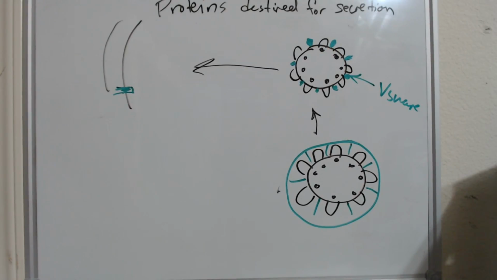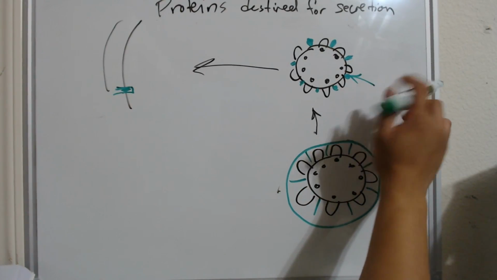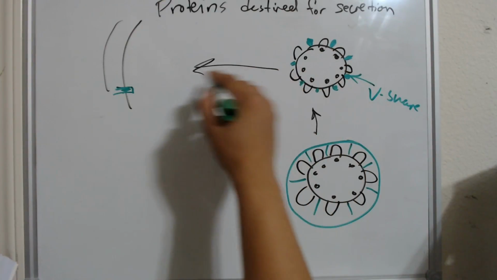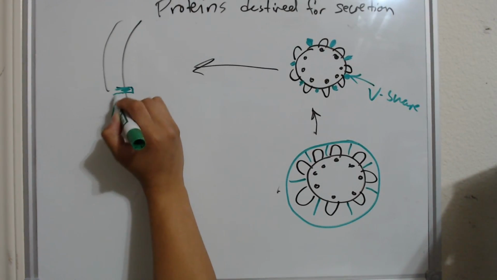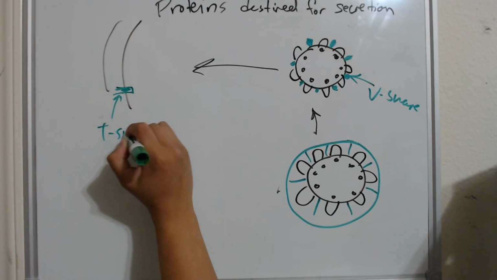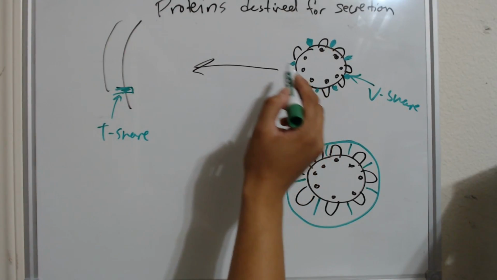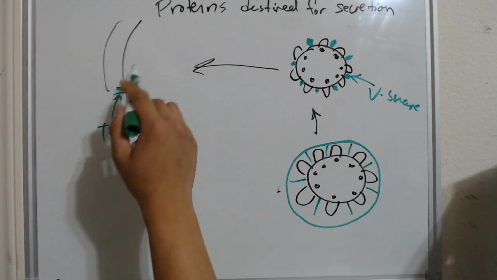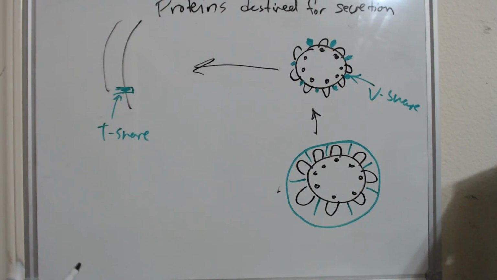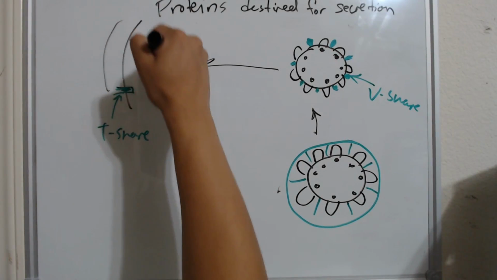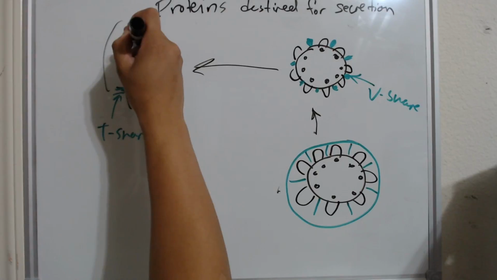At the plasma membrane there's something called a T snare, and the vesicle will come and attach over here. Whoop, like that.